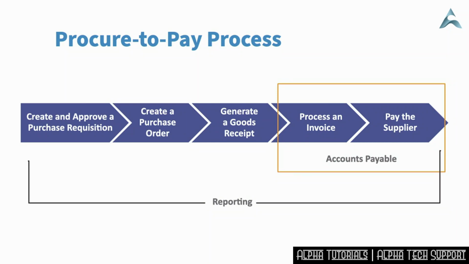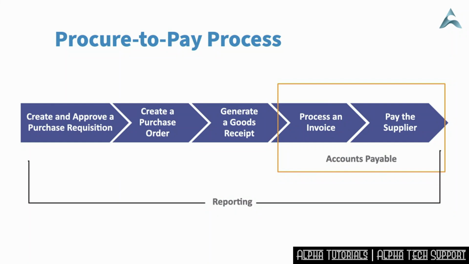At this point, a goods receipt confirming the order is correct and has been received into inventory is generated in the system. Next, because we now have the copper in our possession, we can verify and then process the invoice. Finally, we can pay our supplier.